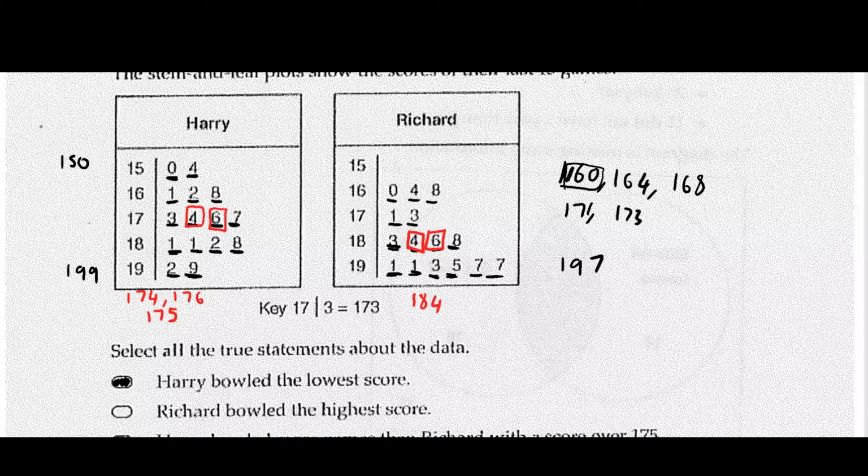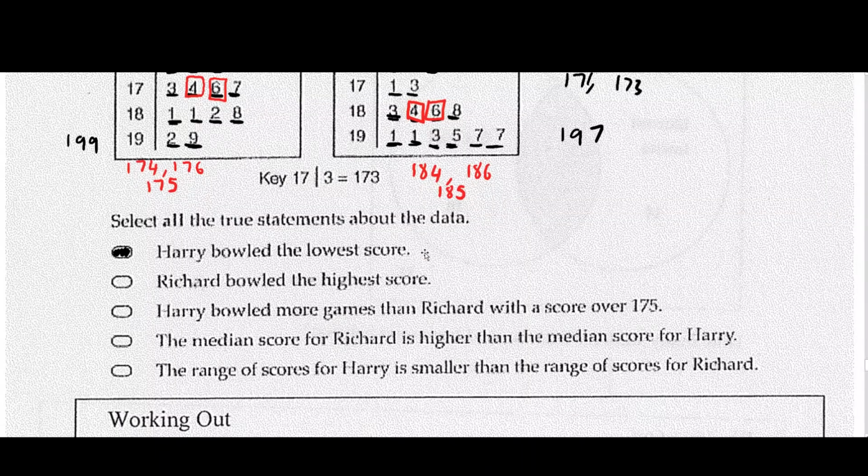So it's 184 and 186. So the middle number, 185. So the median score for Richard is higher than the median score for Harry. Yes, that's true. For Richard, it's 185. For Harry, 175.